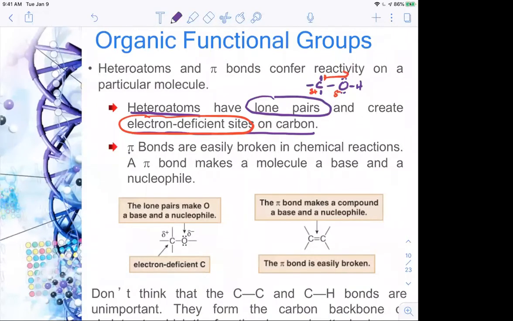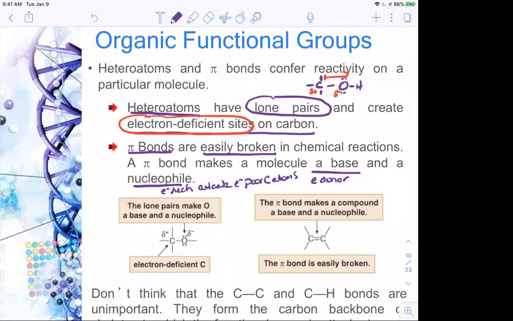Pi bonds are easily broken. Remember, all I have to do is twist it in order to break it. That is a site of electron density, right? So this makes the molecule a base, which is an electron donor, or a nucleophile, which is something that is electron rich and can attack electron poor carbon atoms.